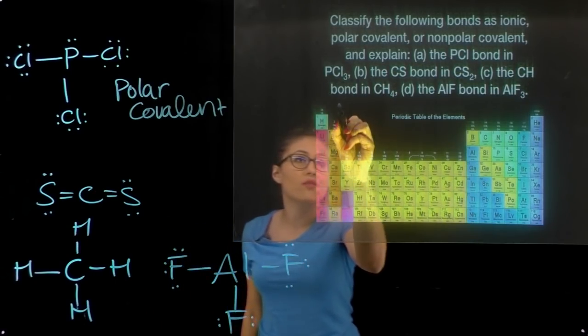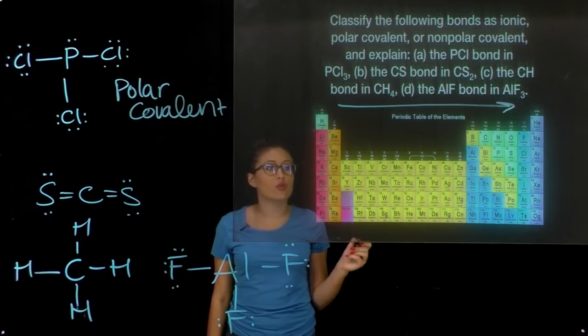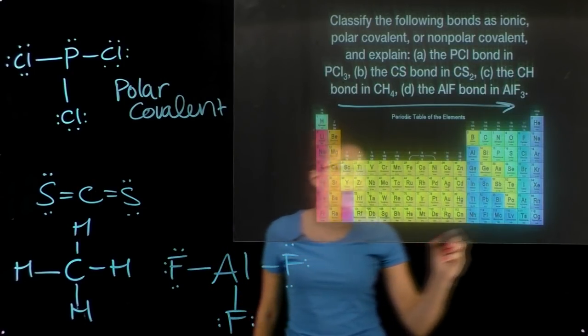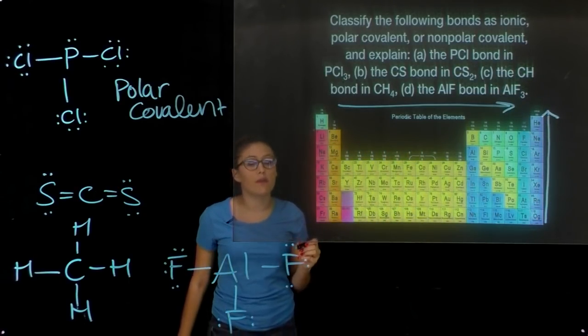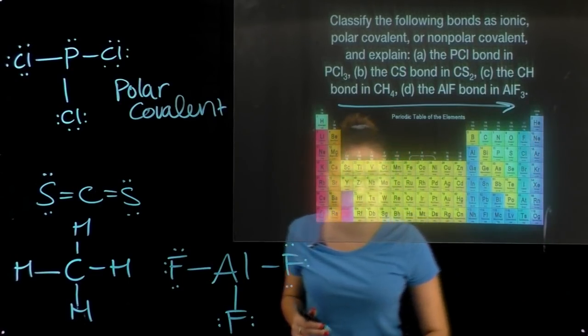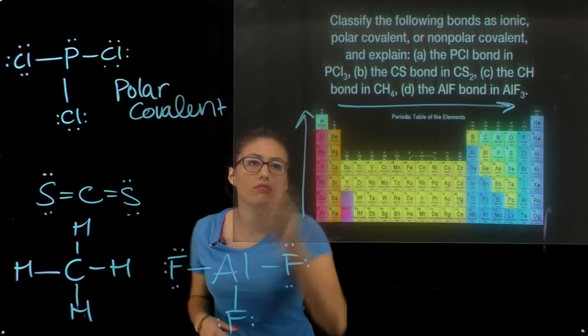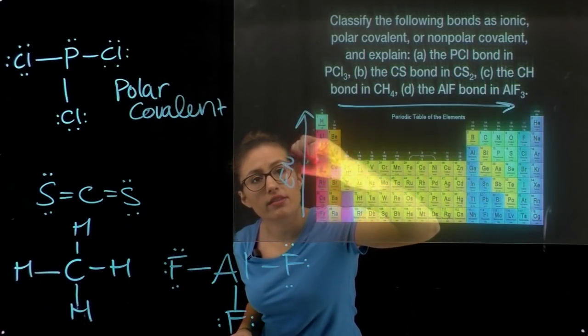Remember, electronegativity increases as you go from left to right across the periodic table, and increases as you go from the bottom to the top of the periodic table.